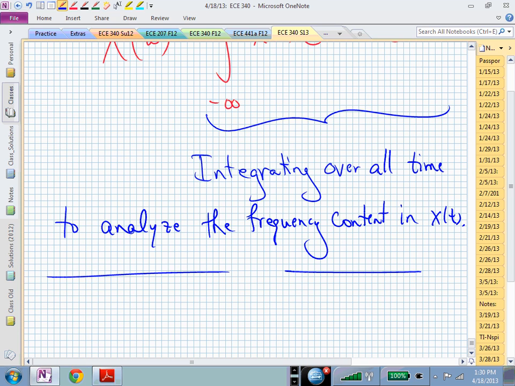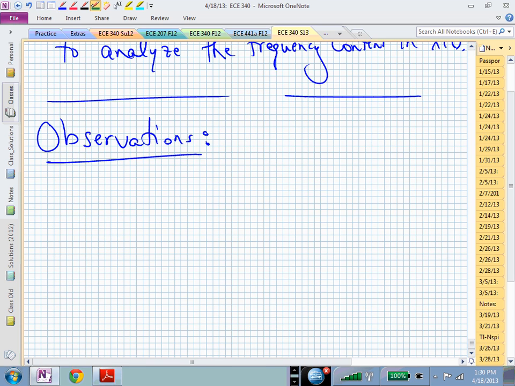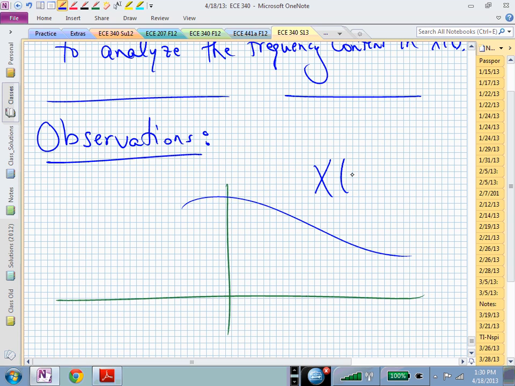Now we want to manipulate that a little bit. Let's step back, and we're almost chasing our tail, but here's an observation. Suppose that somebody's handed us this function, capital X of omega, from 0 out to whatever frequency.